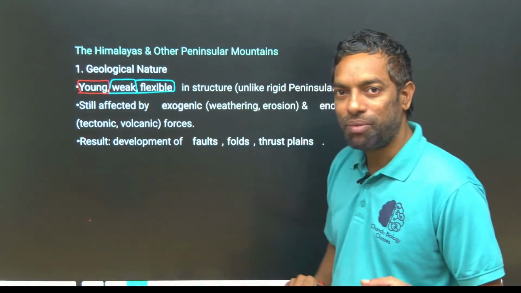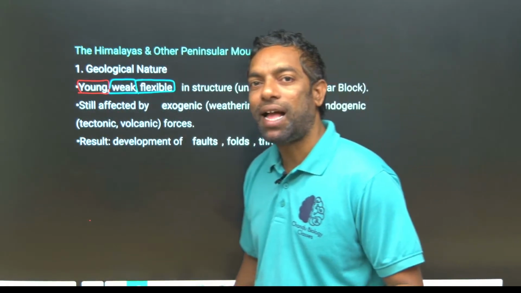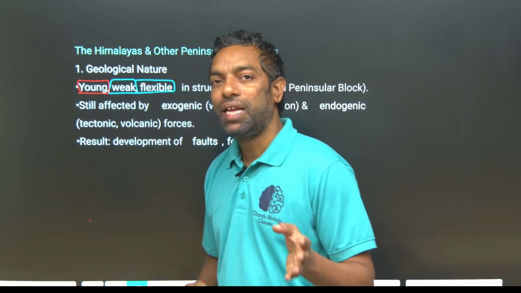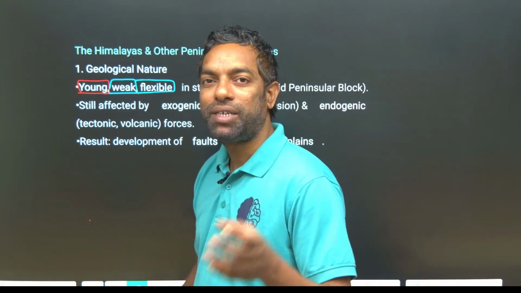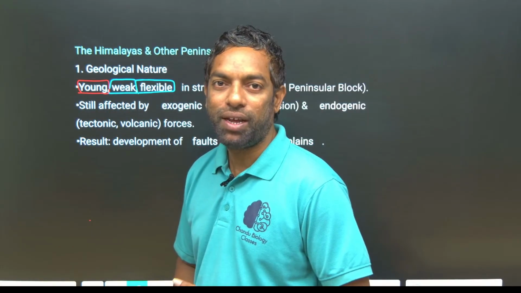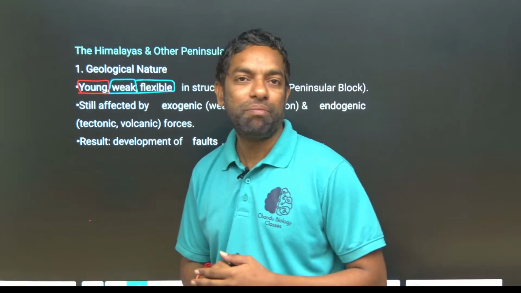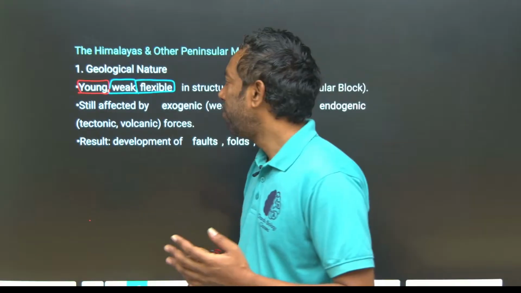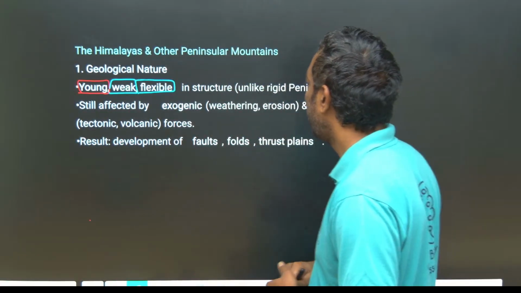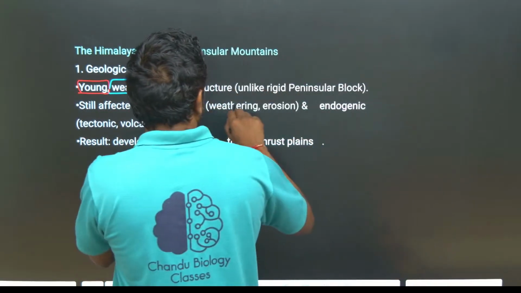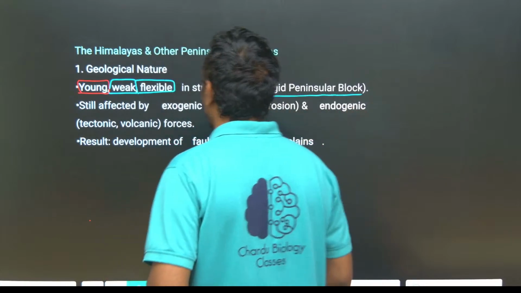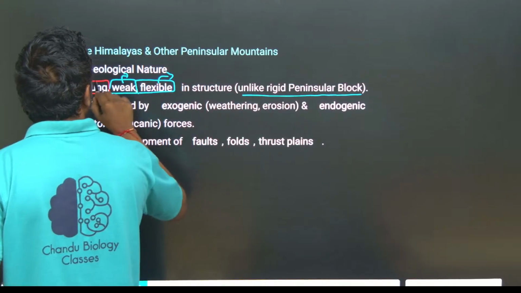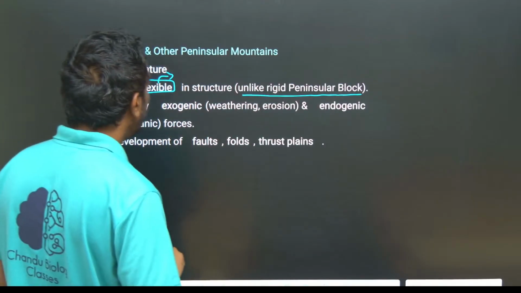Flexible means seismic activity takes place all the time in places like the Himalayas, because the Himalayas were formed by tectonic activity at convergent boundaries, where two landmasses came together to form the mountains. Its structure is unlike the rigid peninsular block. It is flexible, weak and young folded.